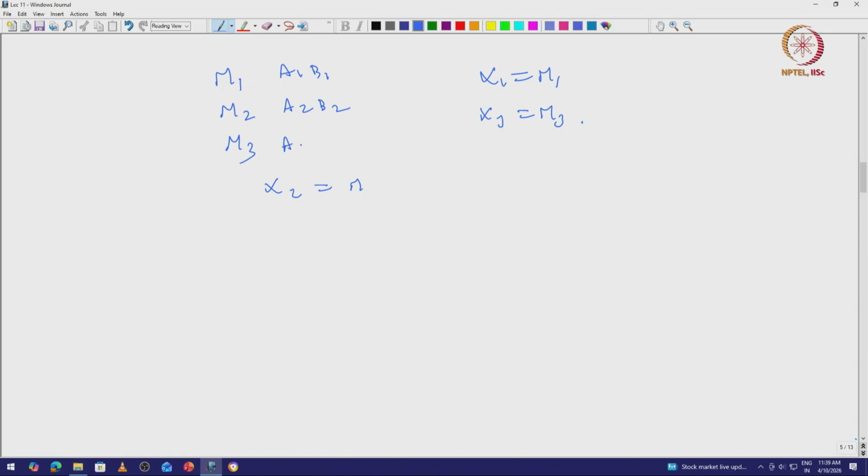Multiplication is A1 plus A2 times B1 plus B2, and x2 is going to be m3 minus m1 minus m2, okay. x3 is m2 here, x3 is m2.